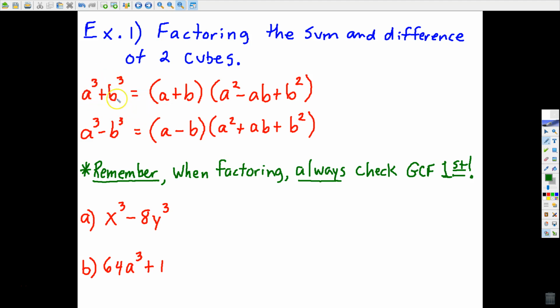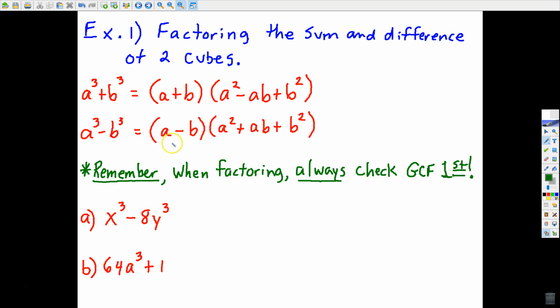And what I've given you here is a very important, if you want to call this a process, a definition, a pattern, this is the process that will be followed exactly to come up with the factoring of the sum of two cubes. You will follow this process, and if you have the difference of two perfect cubes, you will follow this second line.